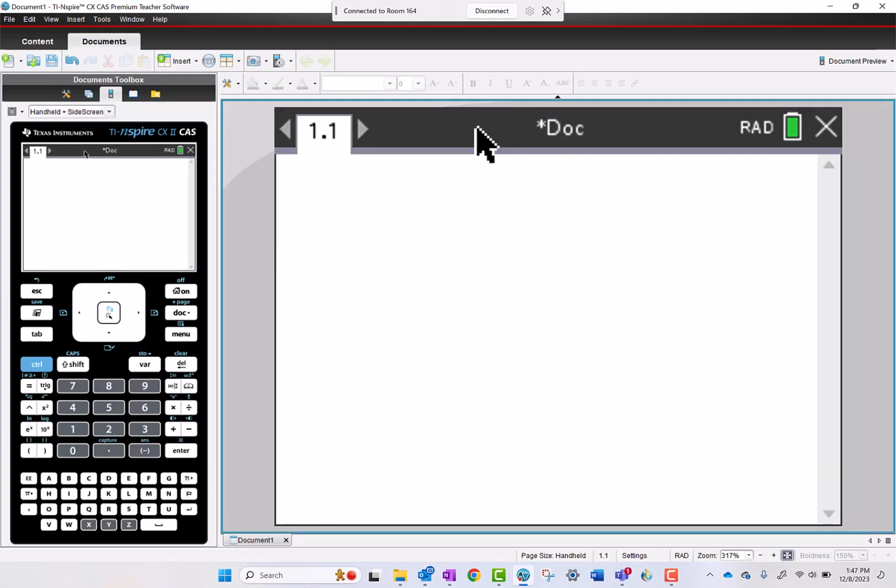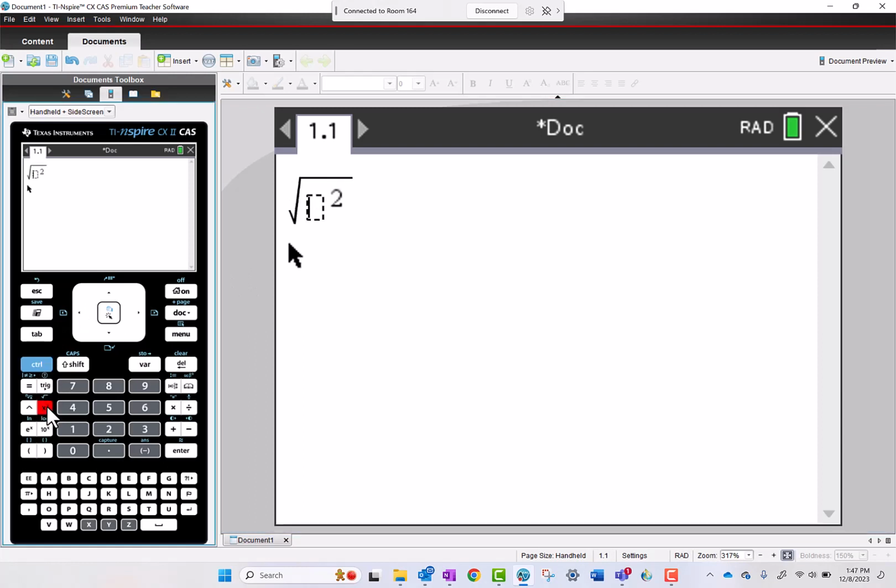Now we called this equation W, so in a moment I'm going to store it as W of X, but let's type it in first. We've got the square root of 28 squared plus, then parentheses, 30 minus X, squared.